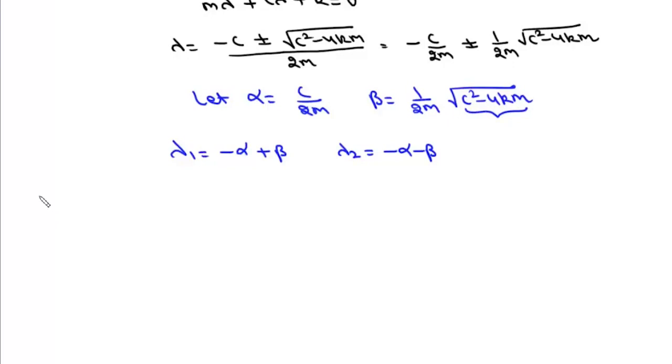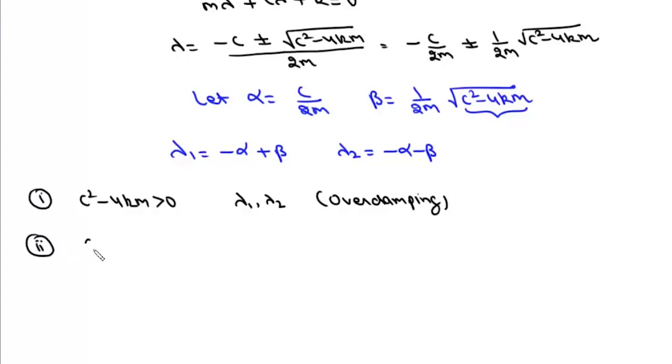Now again, depending on the value of c square minus 4km, we'll have three separate cases. Case 1, when c square minus 4km is greater than 0. In this case, we'll have two distinct roots, lambda 1 and lambda 2, and this is the case of overdamping. And then the second case where c square minus 4km equals 0.